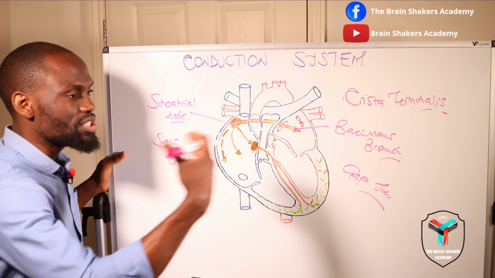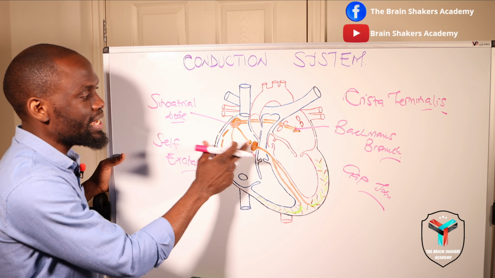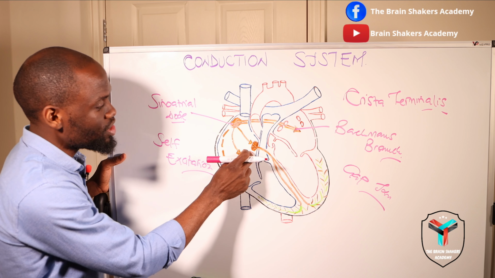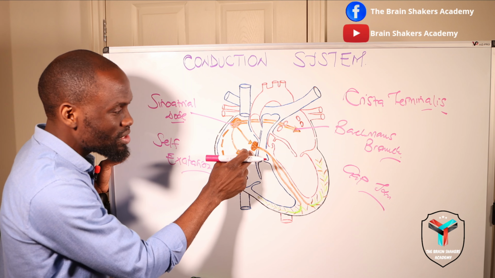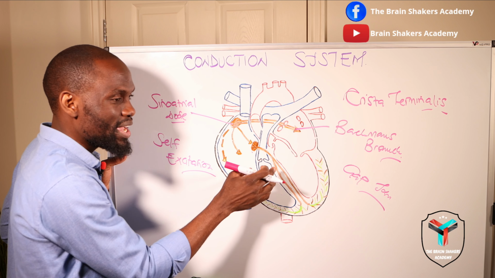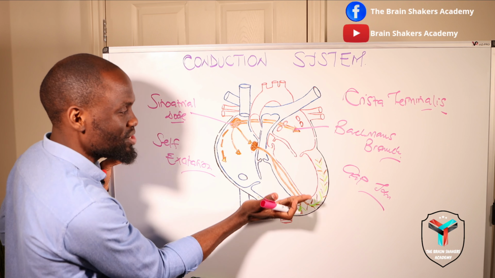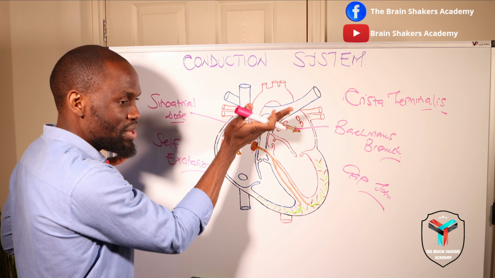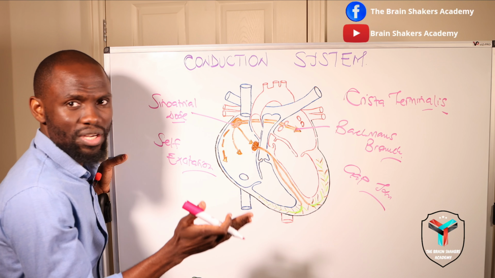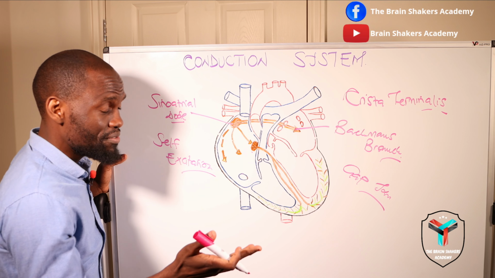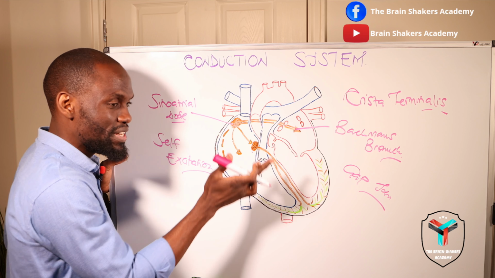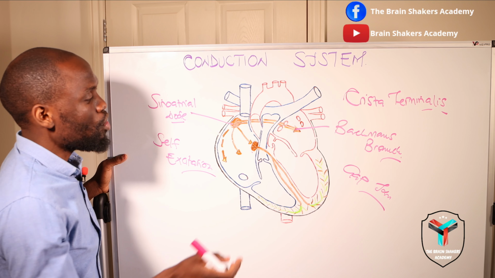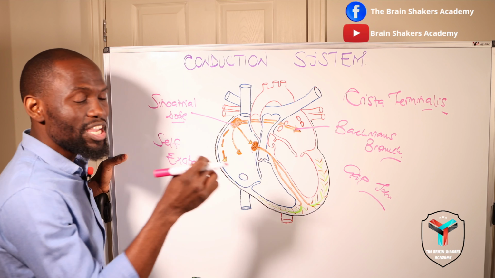Now, once the action potential has been generated, it is passed to the other node here. This node falls around the area called the atrioventricular, meaning almost in between the atrial region and the ventricular region, and it is often referred to as the atrioventricular node or the AV node.